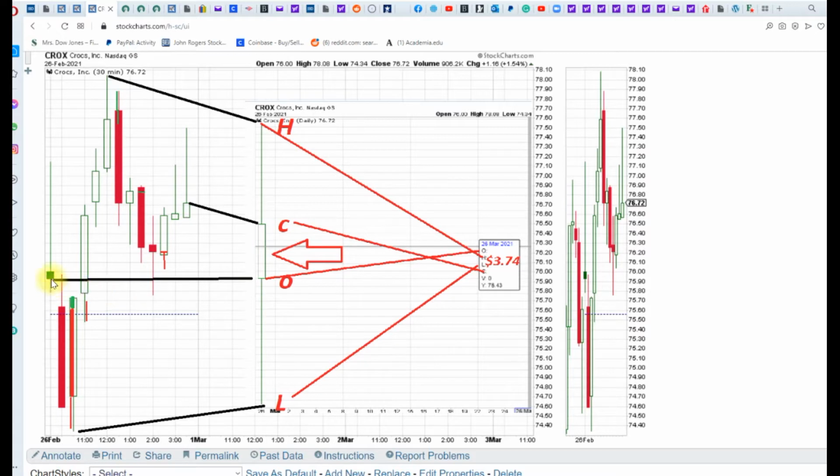The market opening here, and we're going to have $3.74 movement during the day between here and here. But when it opened in the morning, on the first 30 minutes, this is what happened. In the next 30 minutes, from 9:30, we come over here, and the price went this far down.